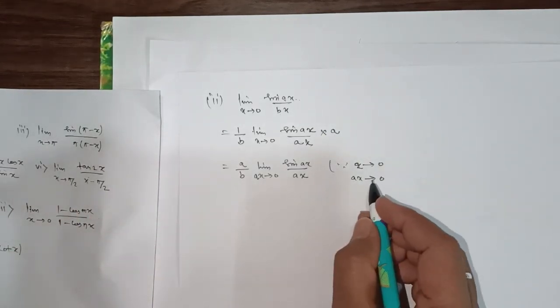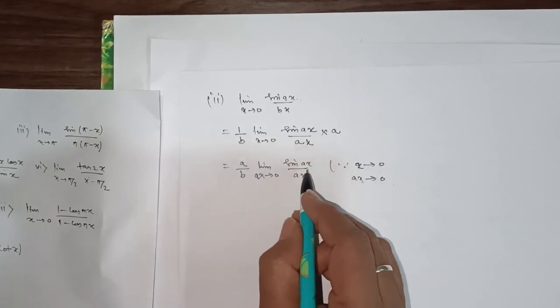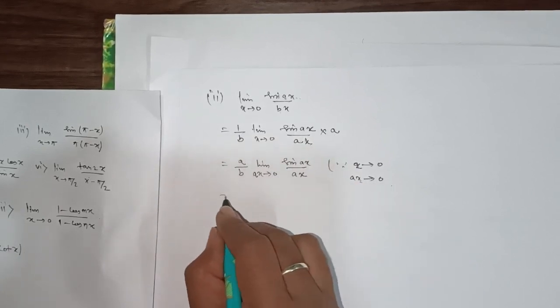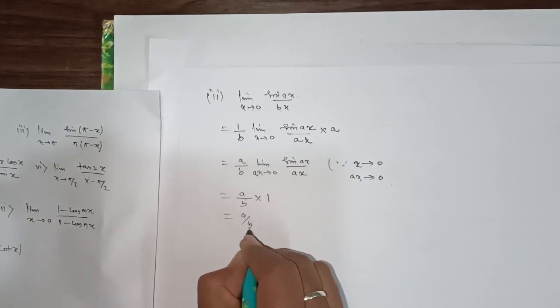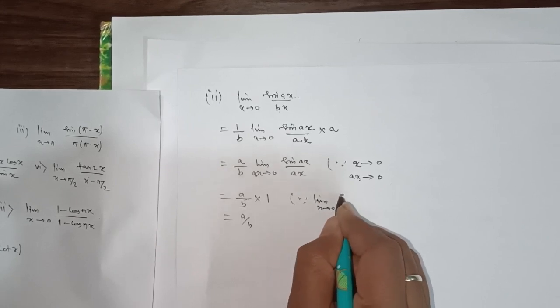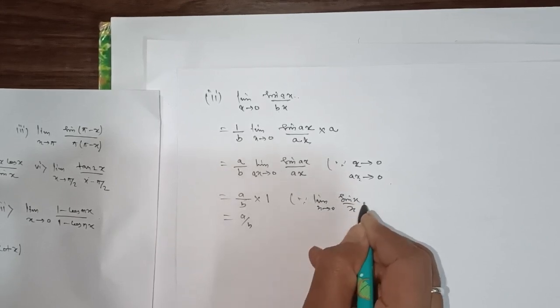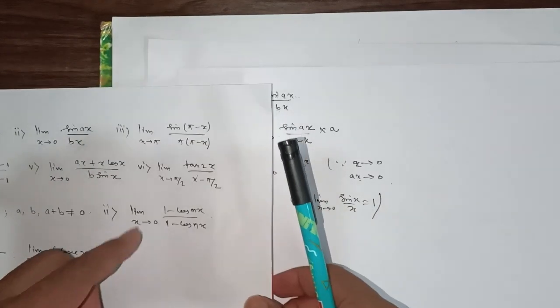If we substitute the value x here as 0, we'll get 0 only. Now this becomes a standard form, so we can replace it by 1 and we'll get a by b, and in the bracket you mention here limit x tends to 0 sine x by x equals 1. Okay, now next we'll see the third one.